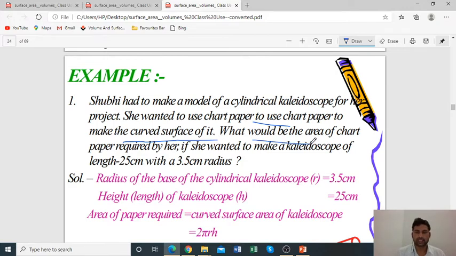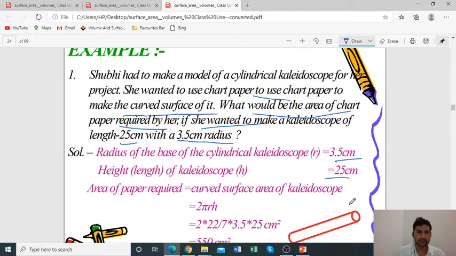What would be the area of chart paper required by her if she wanted to make a kaleidoscope of length 25 centimeters with a 3.5 centimeter radius? So first, the base of the cylindrical kaleidoscope has radius 3.5 centimeters and height 25 centimeters.